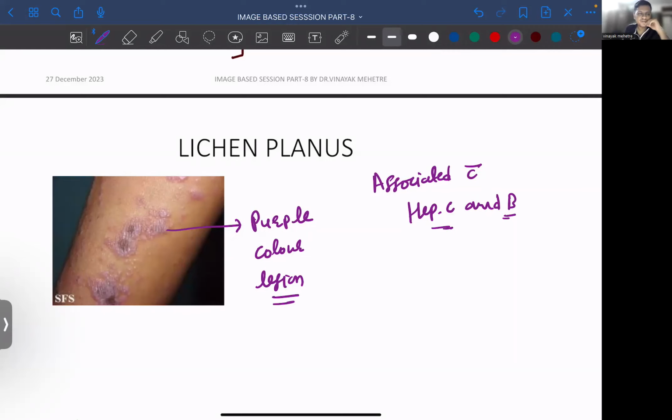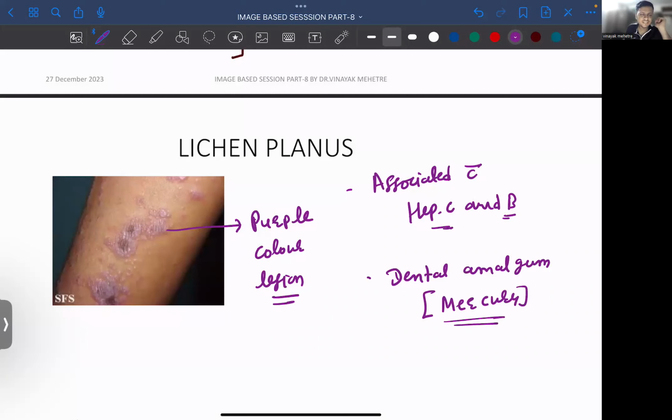Another question comes. Whenever you get the question of lichen planus of the mouth, there is a dental implant, which we call dental amalgam. That is mercury.